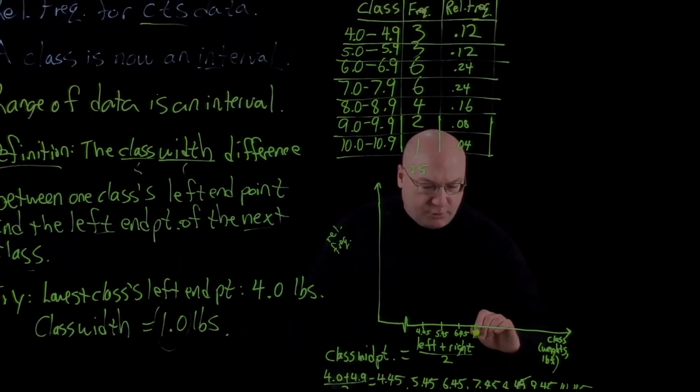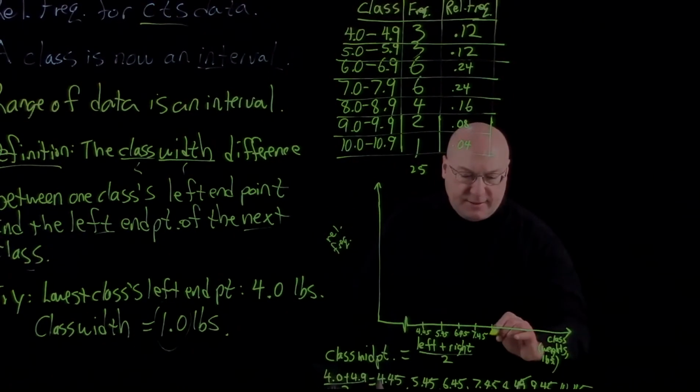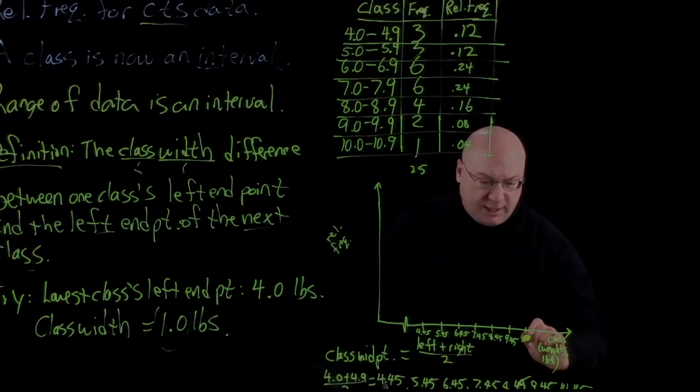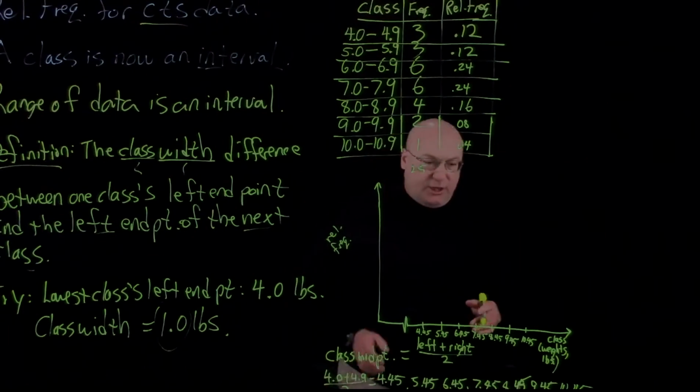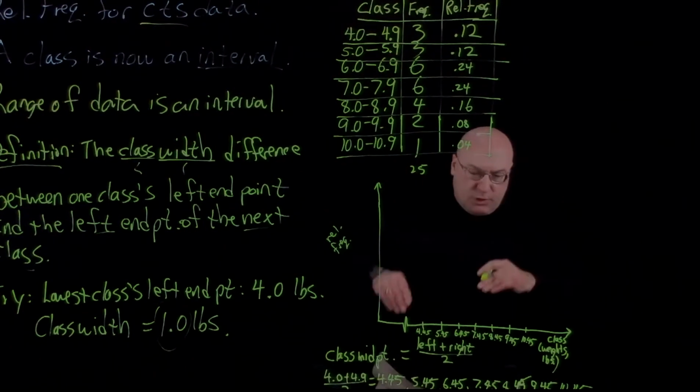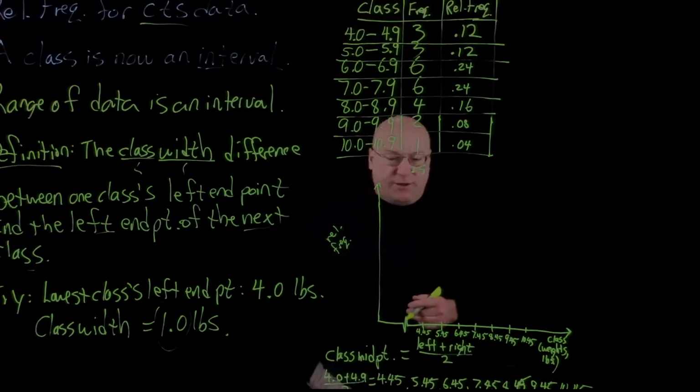Here is 7.45. Here is 8.45. 9.45. Trying to keep these all to be of the same width. Your classes should all have the same class width, right? You don't want to gather data for bigger intervals and smaller intervals. You get a confusing picture that way.